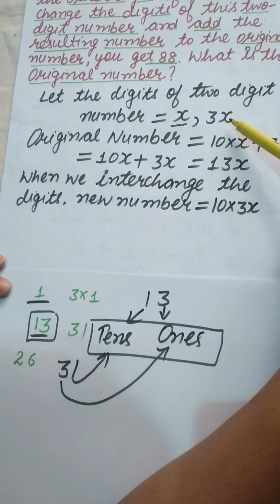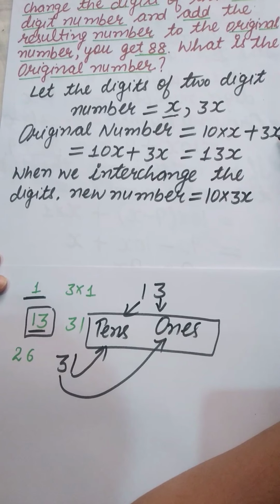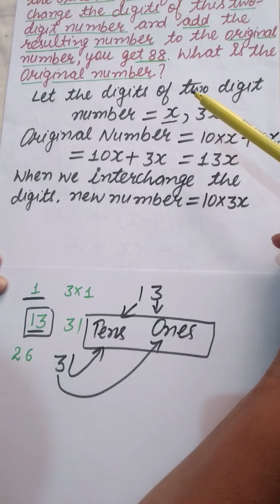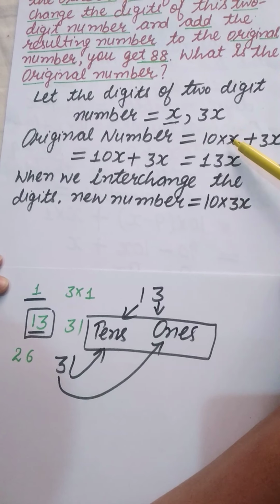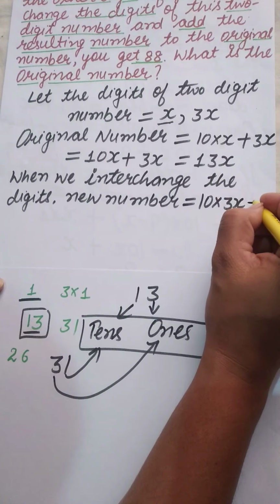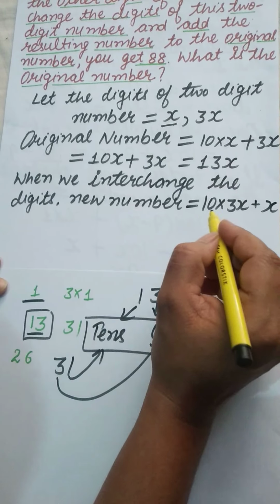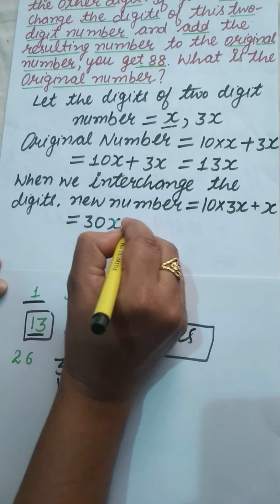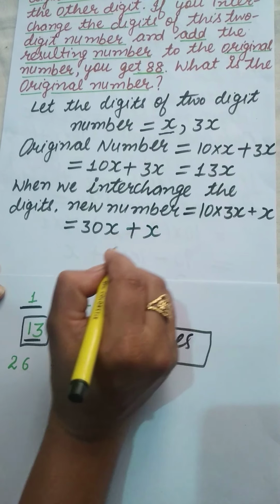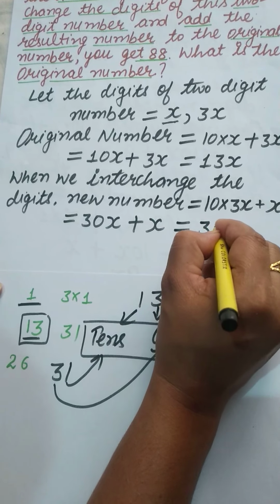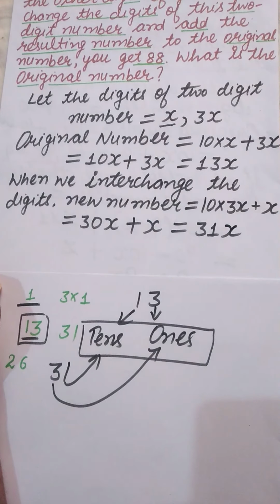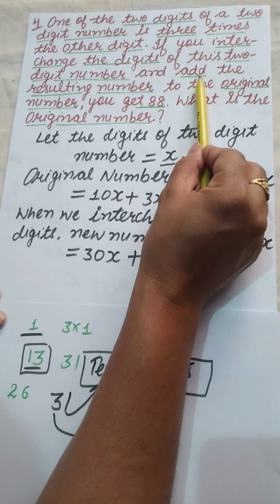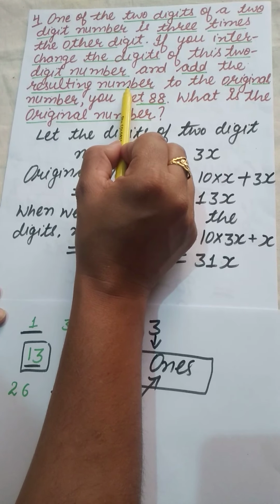As we had taken 3x firstly on the 1's place, now we take it on the 10's place. And x was on the 10's place, so now I will take it as 1's place. So 10 multiplied by 3x is 30x plus x is equal to 31x.